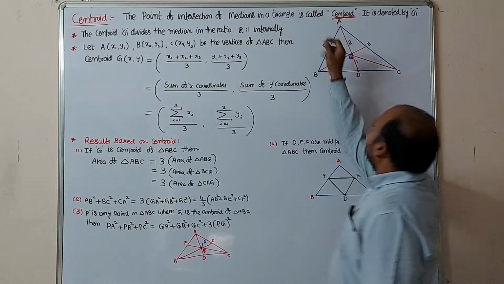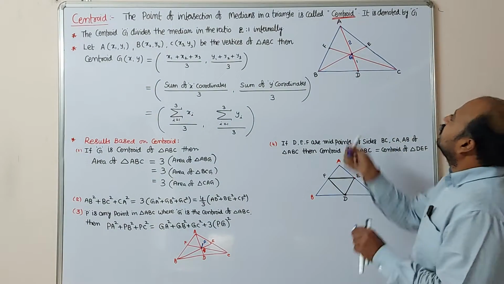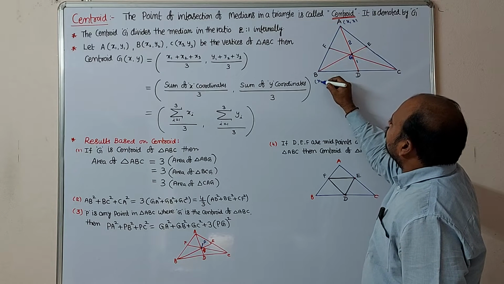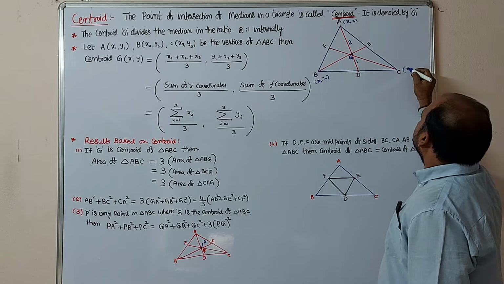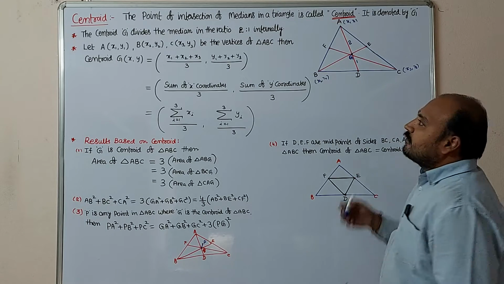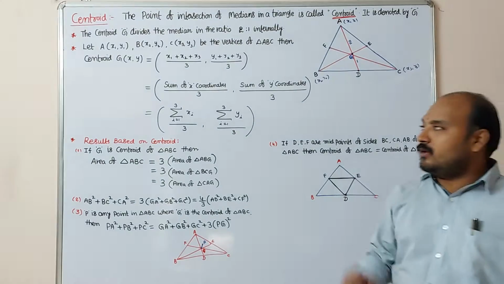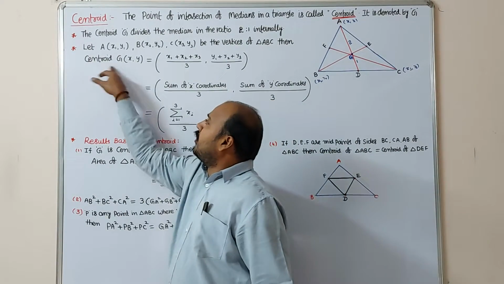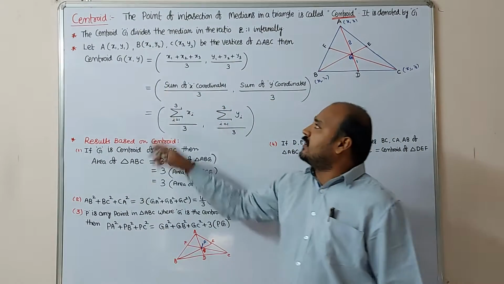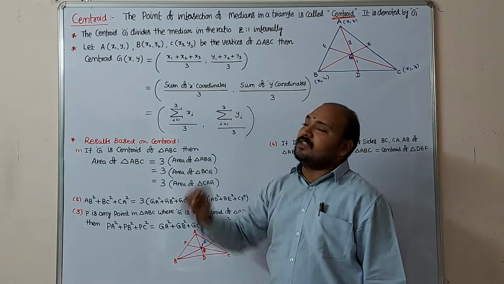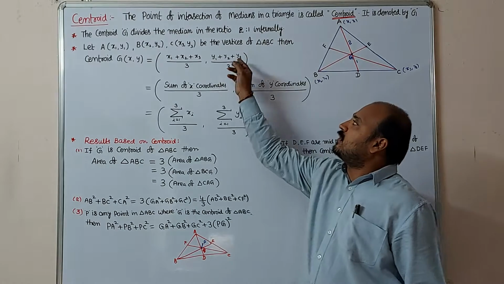Now let A of x1, y1, B of x2, y2 and C of x3, y3 be the vertices of a triangle ABC. Then the centroid G of x, y is defined as x1 plus x2 plus x3 by 3, y1 plus y2 plus y3 by 3.